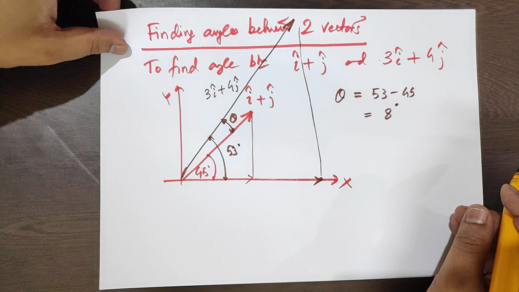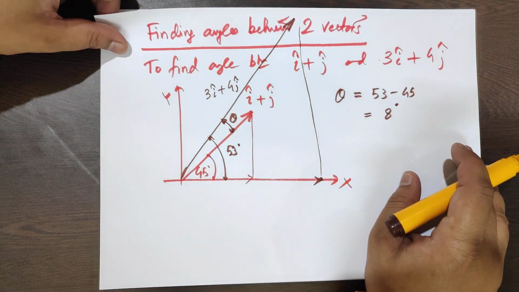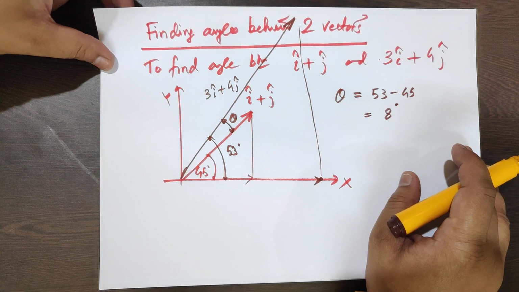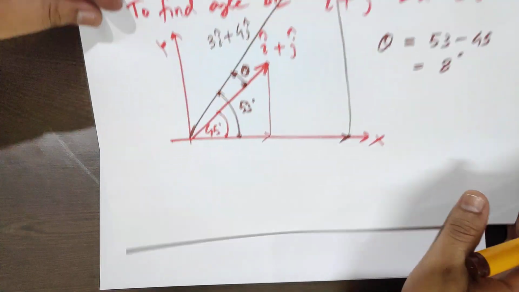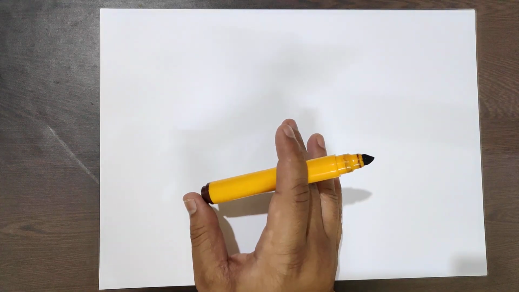Okay, now you can calculate this just by drawing here. But if you have a vector in 3 dimensions, then how will you calculate this? You have to do a hell of a lot of work to calculate that, finding an angle between two vectors in 3 dimensional space.